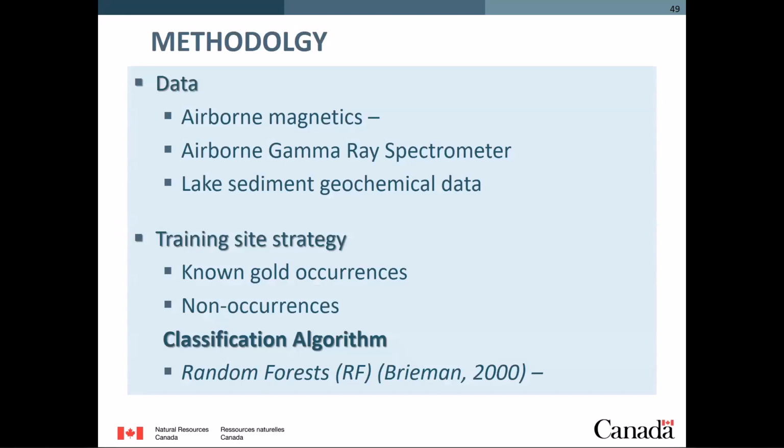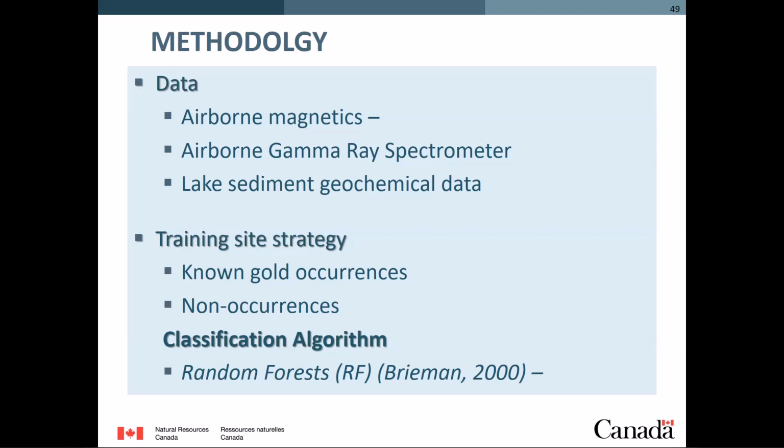So this is work I did with a graduate student of mine. He used airborne magnetics, gamma ray spectrometer, lake sediment geochemical data, and our training was the known gold occurrences. And with random forest, it has to have non-occurrences or non-mineralized occurrences.